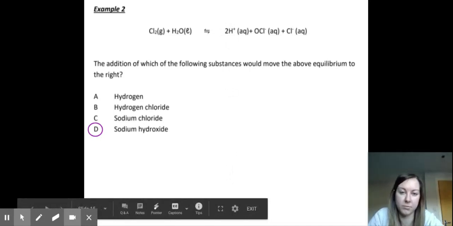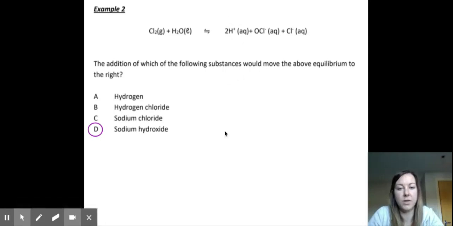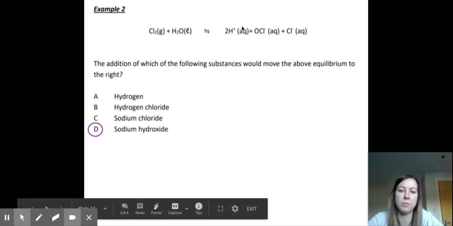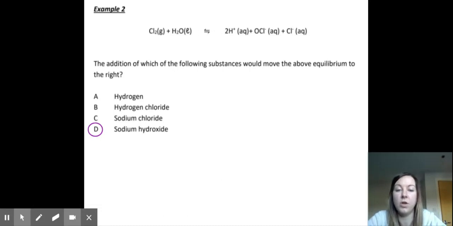So when you take hydrogen ions out of the equilibrium, then you are decreasing the concentration of the products. You are then going to have to make more products to replace what has been lost.